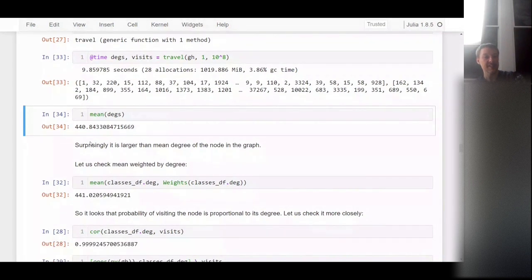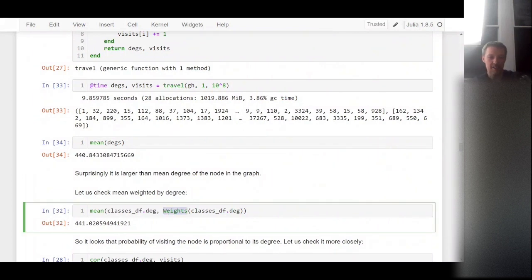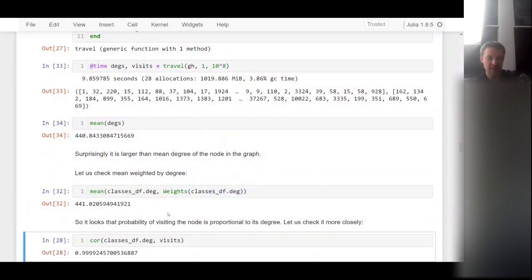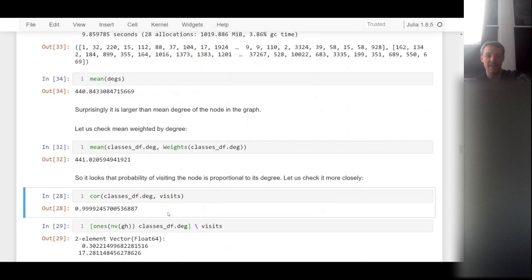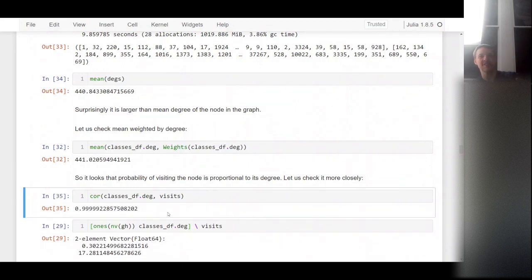And let's see. This was our guess that weights would be proportional to the degree. But actually, we can check it. First of all, I can compute the correlation of those two values. And if I check the correlation, it is almost 1. So indeed, those two values are super correlated linearly.